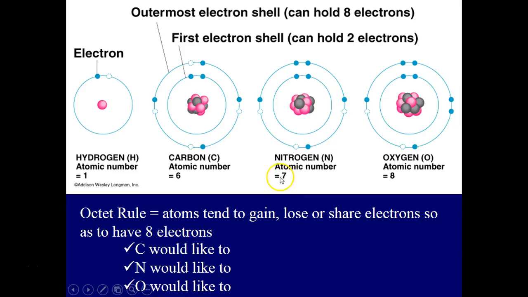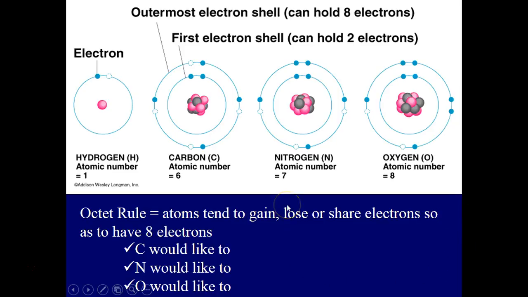The nitrogen has an atomic number of 7, so 2 electrons in the first, and then 5 in the second. And oxygen has an atomic number of 8. These are frequently used elements when bonding with something else.